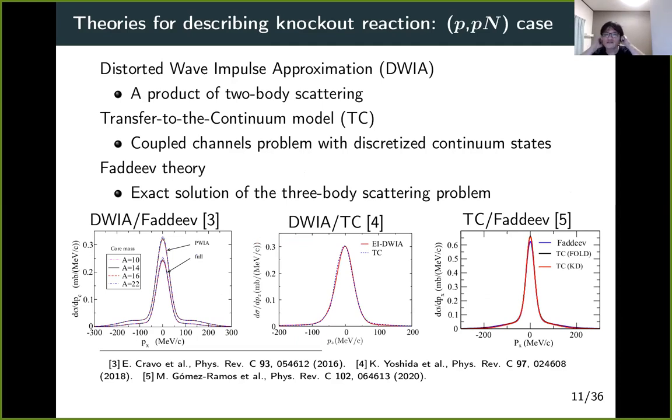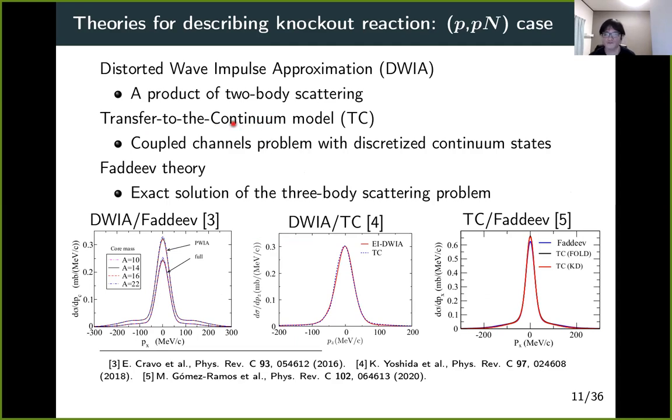Yes, I use DWA and I introduced this, but there are several other reaction theories that can describe the knockout reaction. One is the transfer to the continuum model, developed by Antonio Moro and his colleagues.